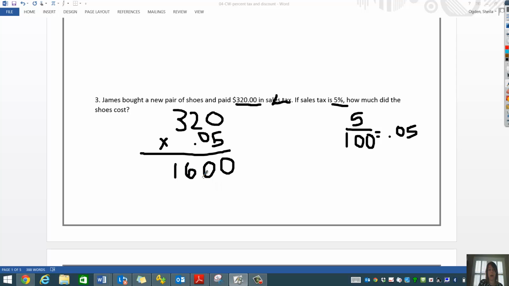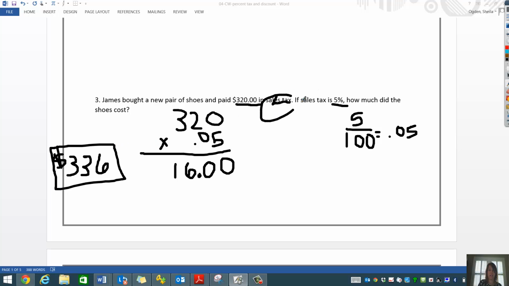There are 2 numbers behind my decimal, so my decimal goes 2 spaces over. So when I add 320 plus 16, 0 plus 6 is 6, 2 plus 1 is 3, 3 plus 0 is 3. So the shoes are going to cost in total $336.